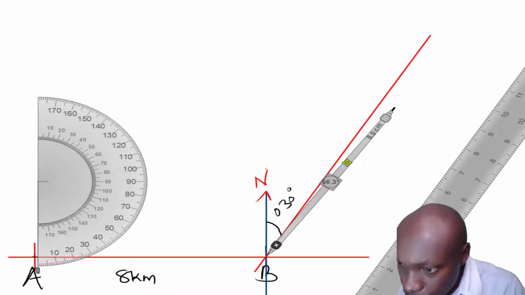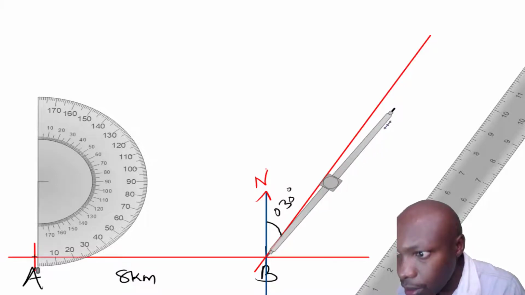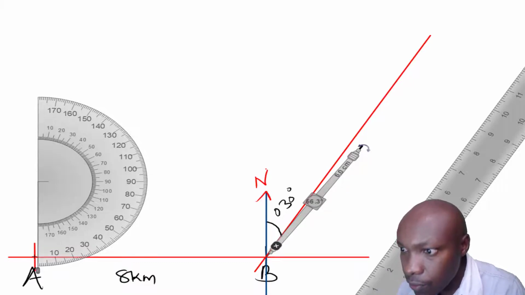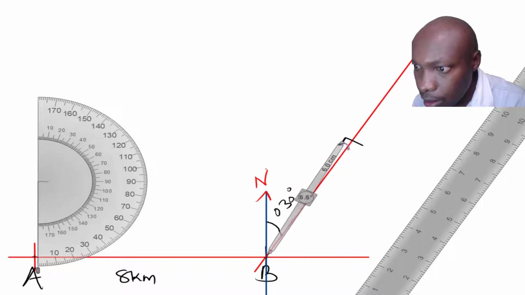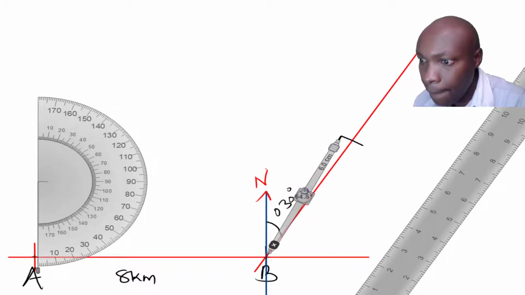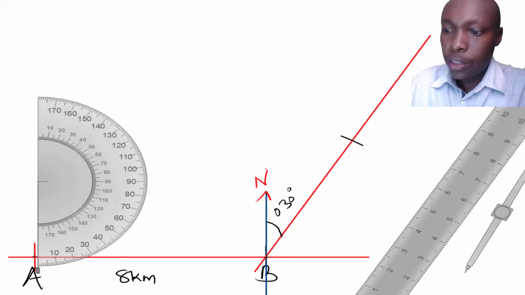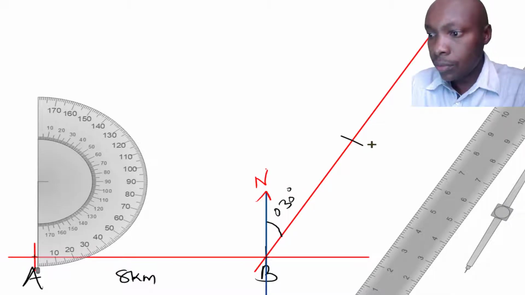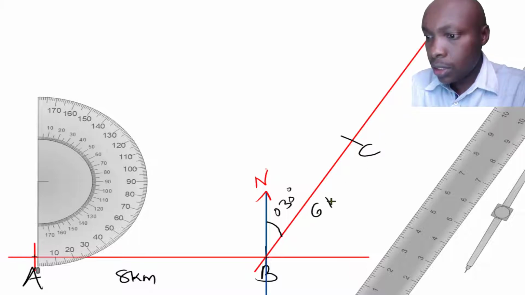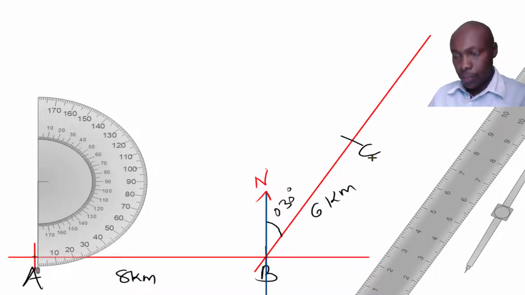Let me first ensure that I'm standing at the exact point. Yes, that is the exact point. This is 8, this should be exactly 6. Yes, that is 6. So if that is 6, I can mark that. And this point now, I can mark as C. So this is 6 kilometers.